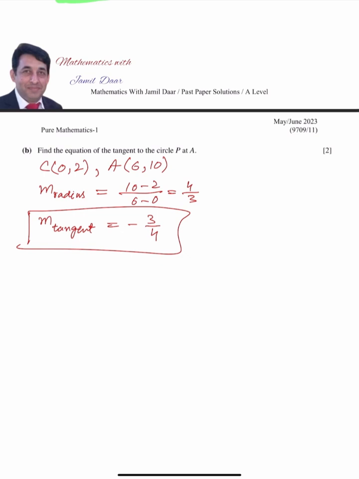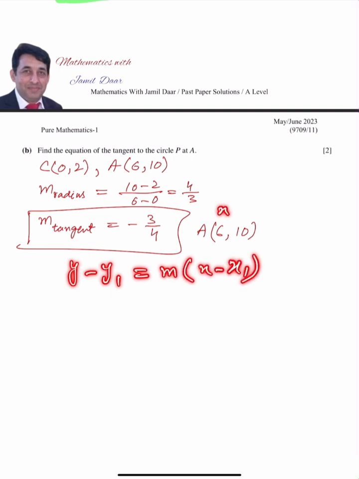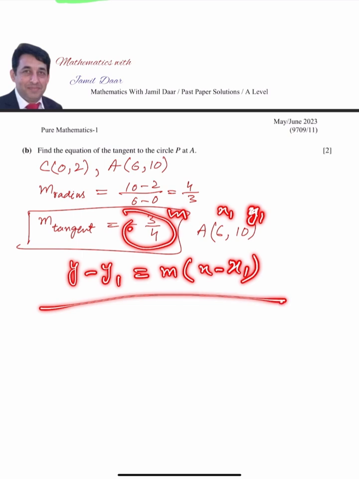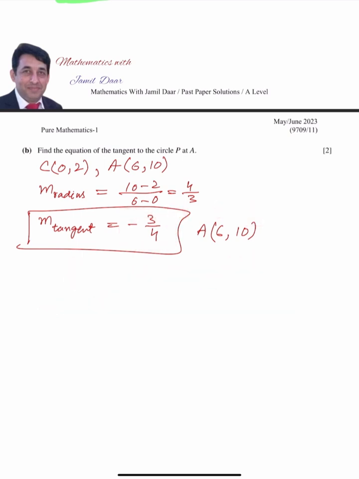And it is passing through the point 6, 10, which is A. By using the equation y minus y1 is equal to m into (x minus x1), and substituting x1, y1, and the gradient m, we will find the equation of the tangent. So y minus 10 is equal to minus 3 by 4 into (x minus 6).